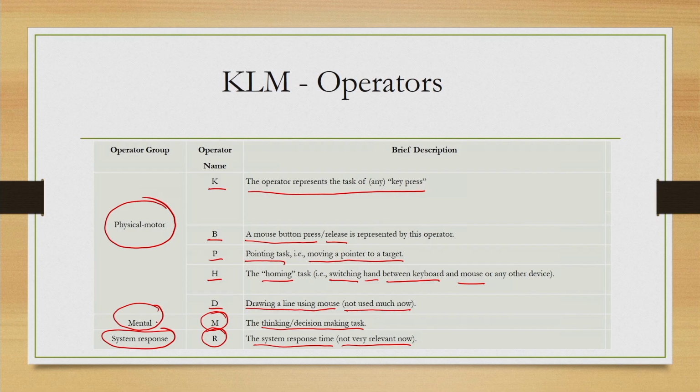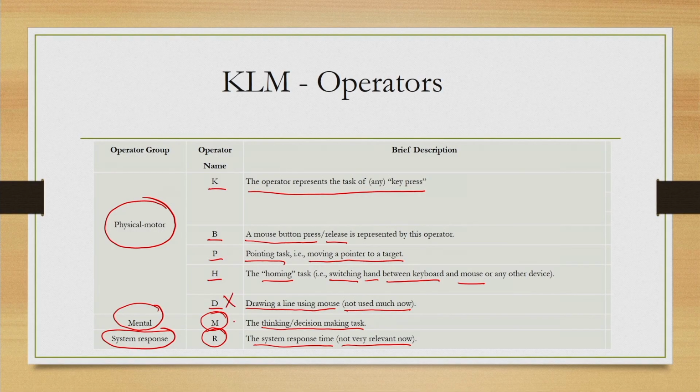The second group is the mental group. Here everything is related to purely mental activity, with no sensory or motor activities involved. In this group there is only one operator, M, which stands for thinking or decision making task. And finally, in the system response group there is one operator, R, which used to refer to the system response time, which is no longer valid in modern day systems.